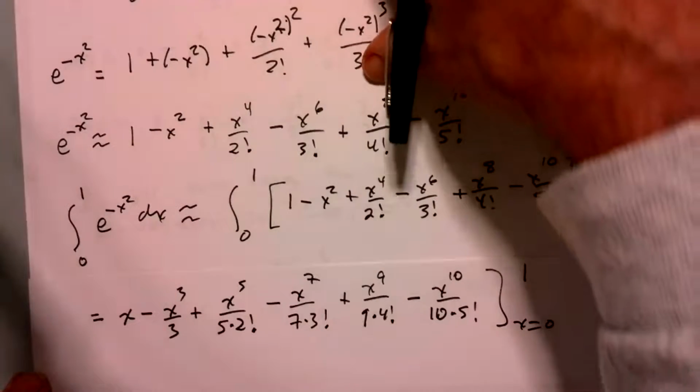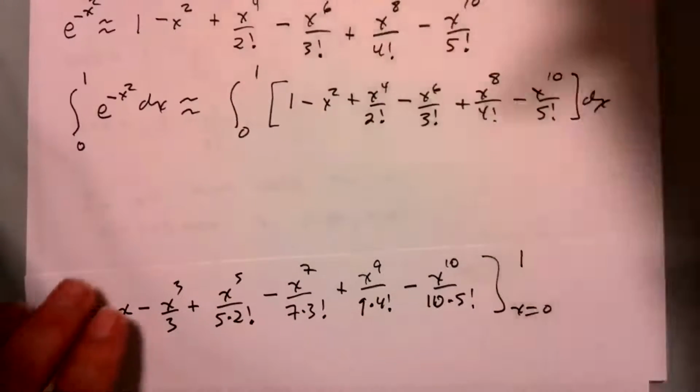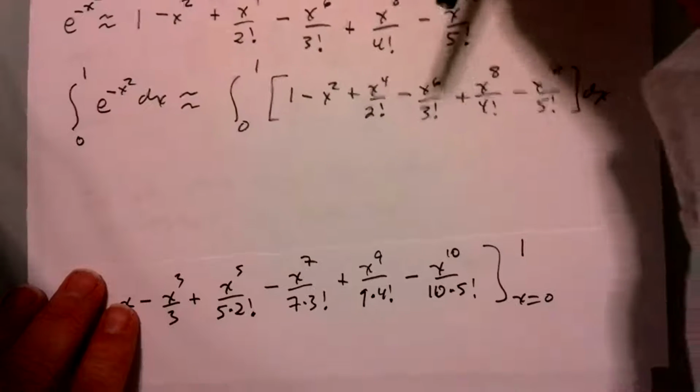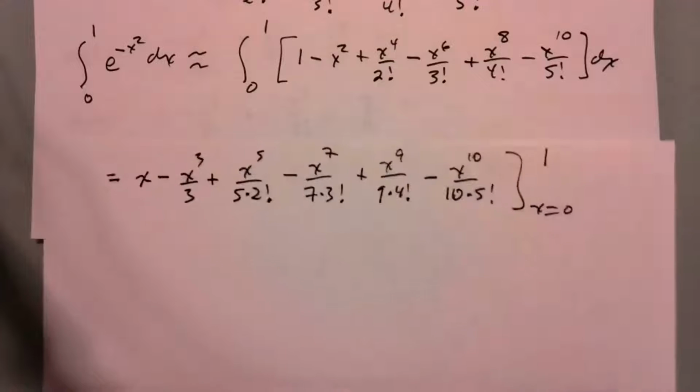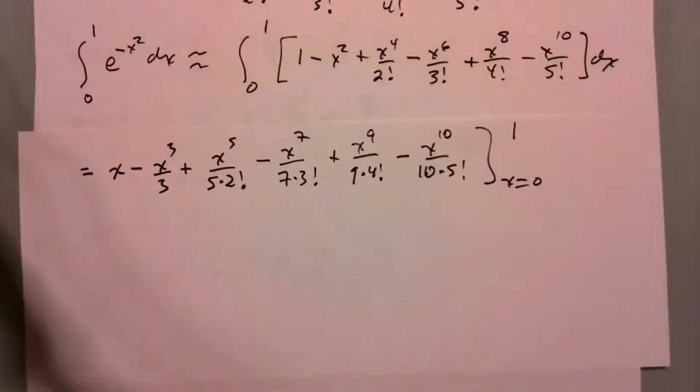So this should be our approximation for e to the negative x squared. And let's see how close we are to a correct answer.